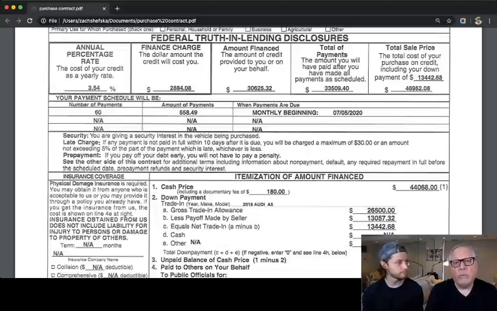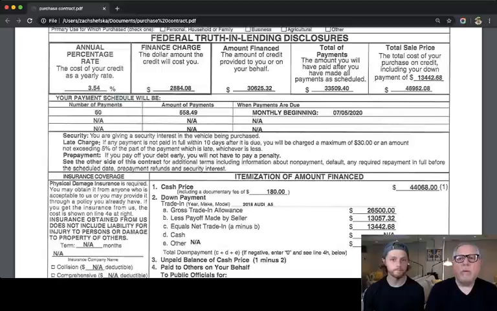Now, the beauty of the way contracts are today, they can only charge interest up to the day that the loan was paid off. So if you pay off the loan early, the amount of interest you will have paid will be less than the $2,884.08. But if you take the full 60 months to pay it off, you're going to pay back $2,884.08 in interest for the bank having lent you the money.